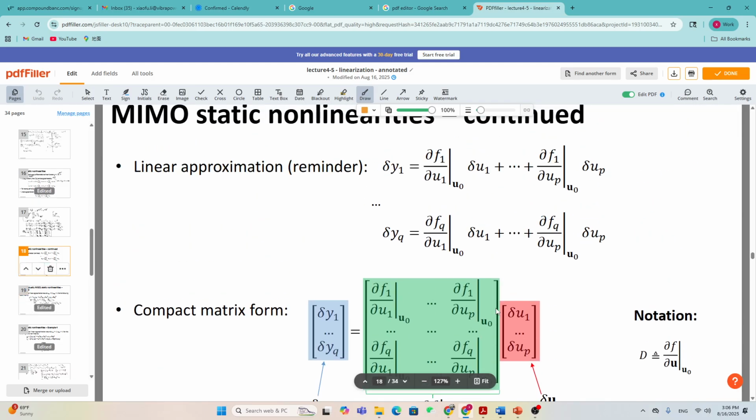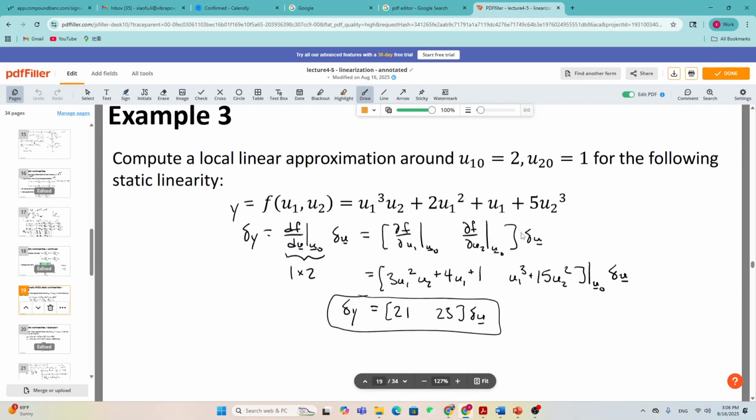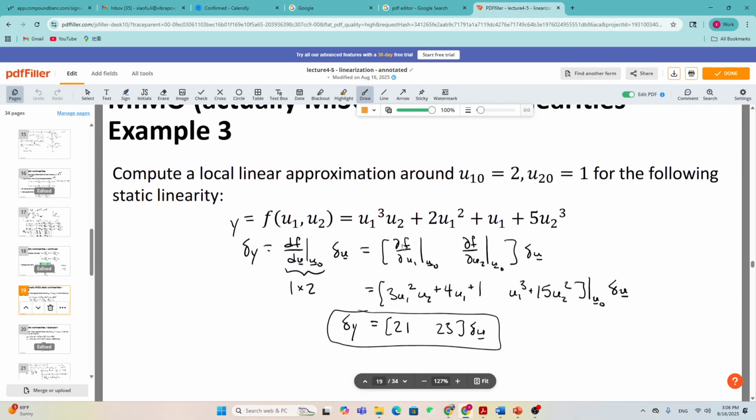If you have multiple inputs, you have to find each partial derivative. So the partial derivative of f with respect to u1 gives 3u1 squared u2 plus 4u1 plus 1.